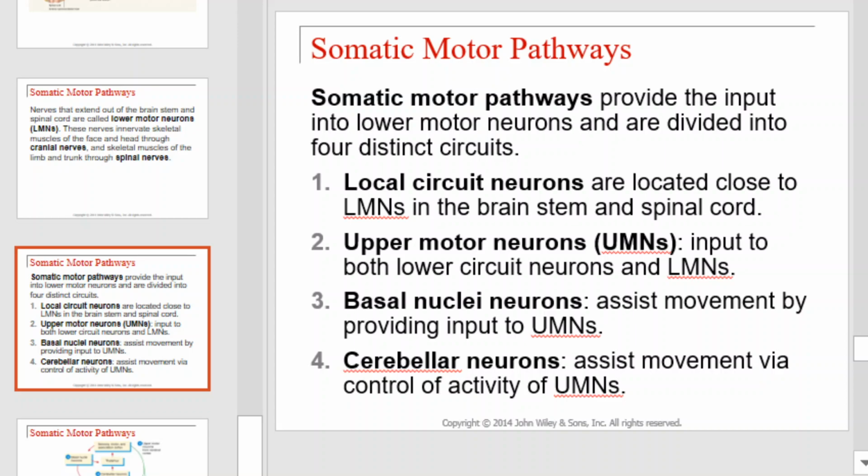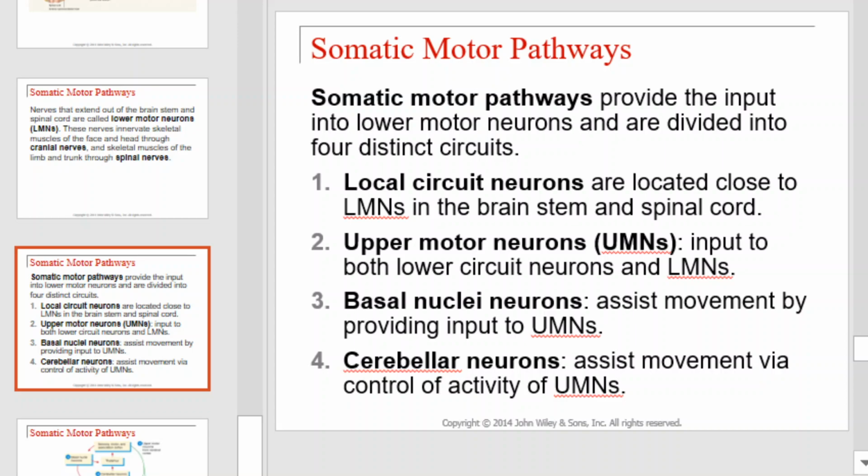The first circuit is the local circuit neurons, which are located close to the LMNs in the brainstem and spinal cord. Upper motor neurons make up the second pathway. UMNs take input to both the local circuit neurons and the LMNs.